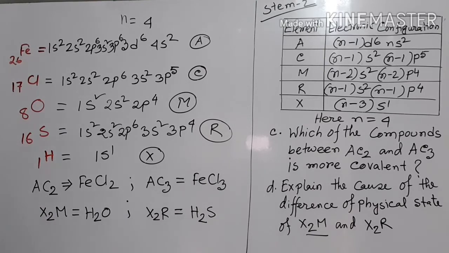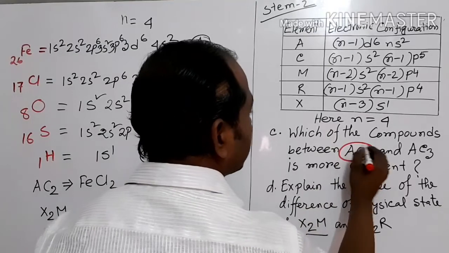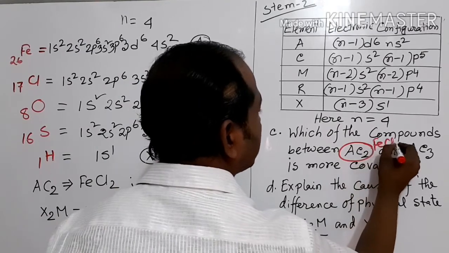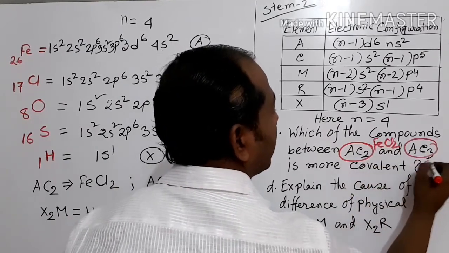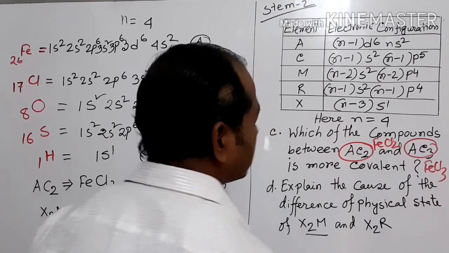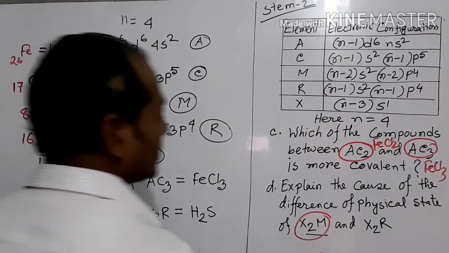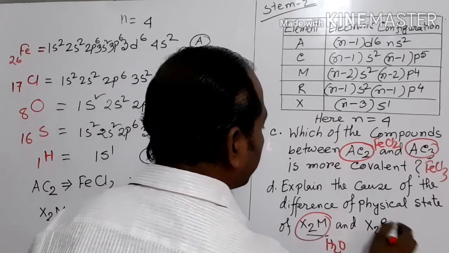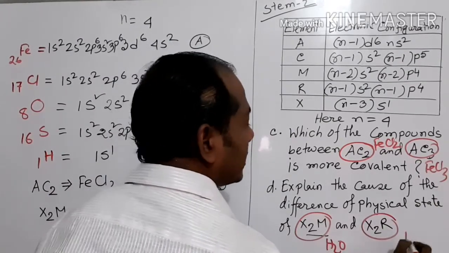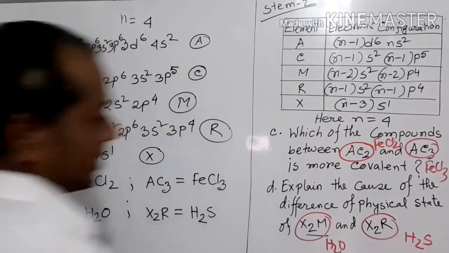So AC2 is ferrous chloride, FeCl2. This one is FeCl3. X2M is H2O, X2R is H2S.